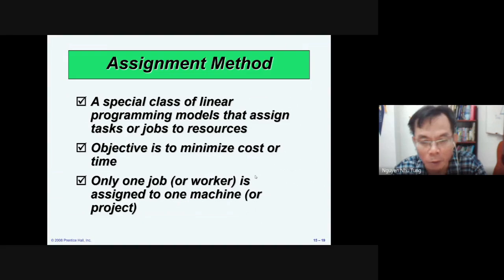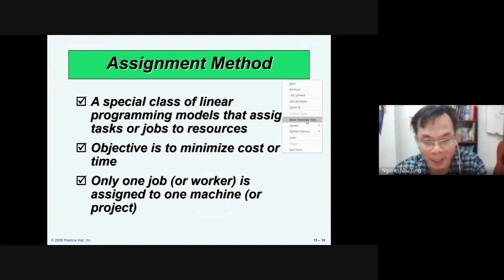Let's say your work center has a number of resources. Again, the resources may be machines or workers, and those resources have the ability to process all of the jobs.